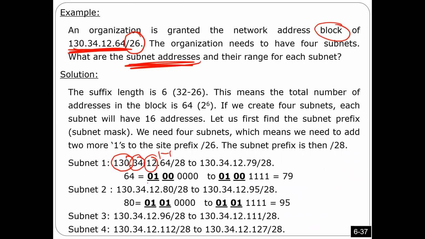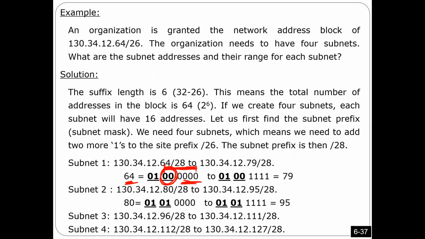Here this part is 64. Out of these bits, I can modify only 6 bits. So I'm going to take 2 bits for the subnetwork and 4 bits for the host ID.